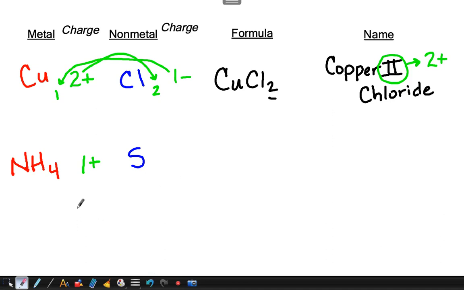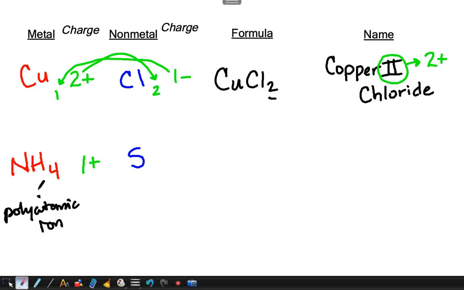All right, last one I'm going to do for you, and the rest I'm going to leave on your own, is the one that starts with NH4, under the metal row, or the polyatomic ion row. And that's exactly what I have here. Notice I've got more than one symbol there, don't I?